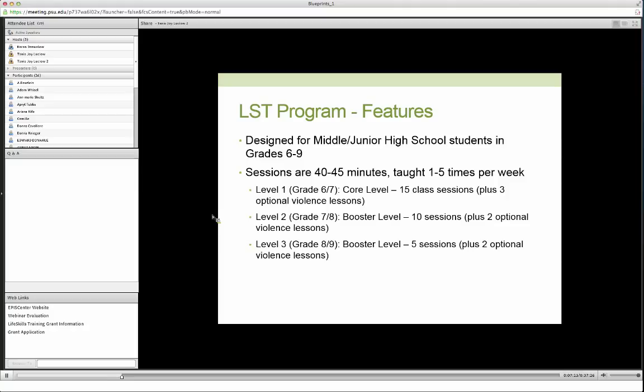That does not always have to be the case. That may be a question many of you have. Some of you may be interested in this, but you don't have health class in each of those 3 years. So I'll allow Karen to touch a little bit on what some other implementations are doing maybe to work around that if you don't have health class available in one of those 3 age grades.